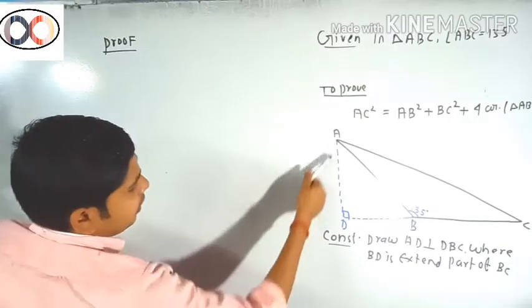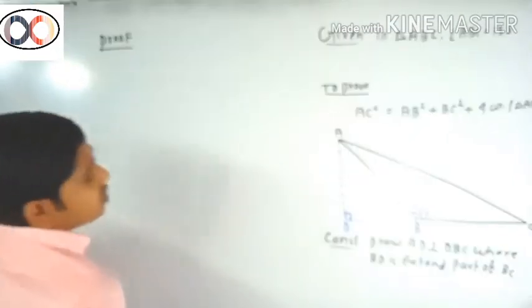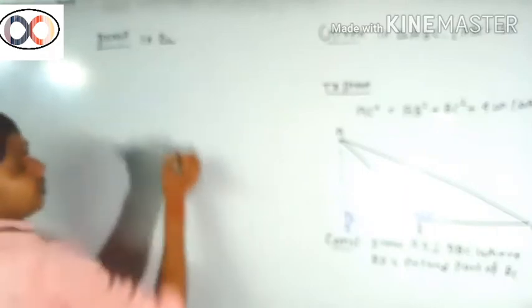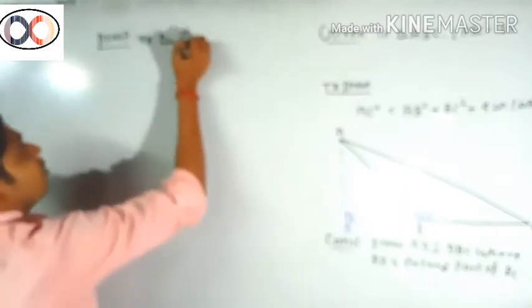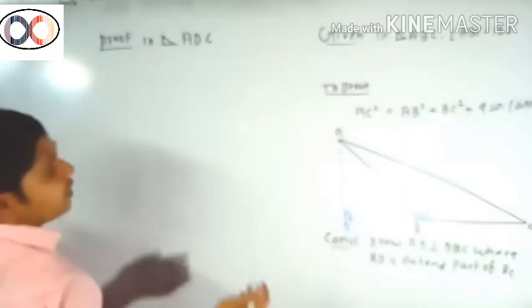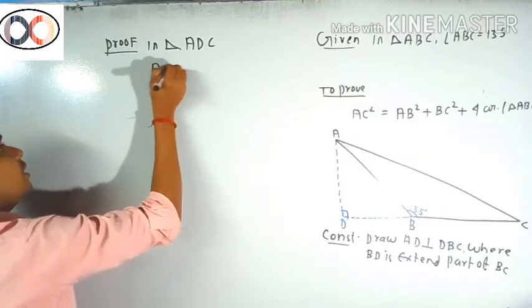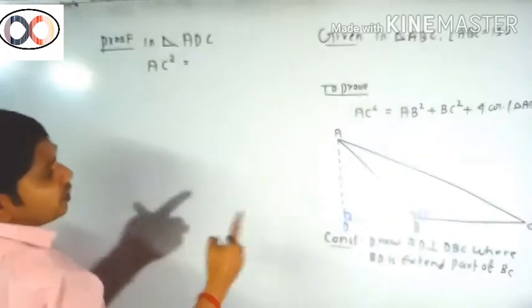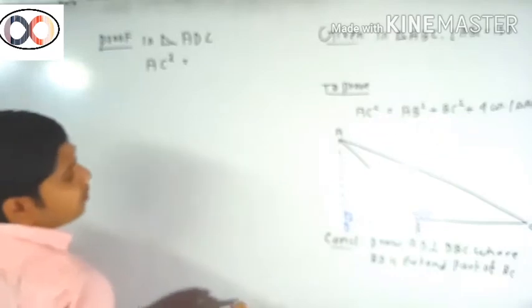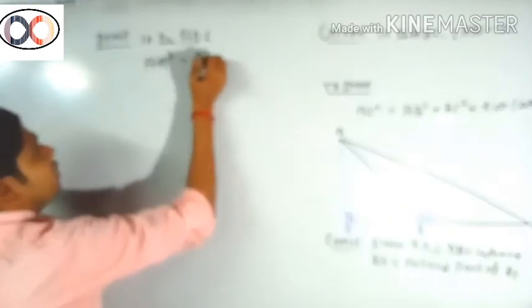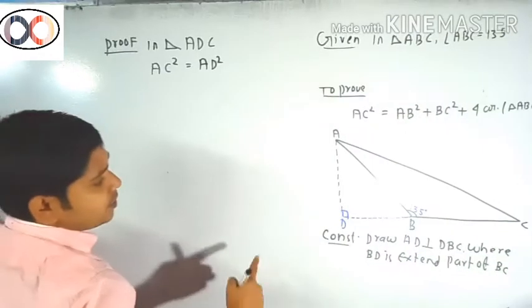In triangle ADC, a right angle triangle, we will get AC square equals AD square plus CD square.